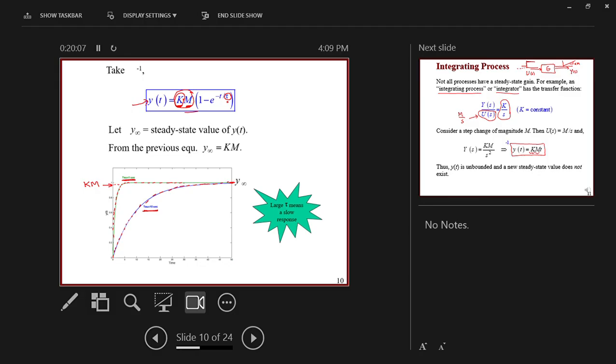So as tau goes down, the process becomes faster, with a faster response or faster dynamics.